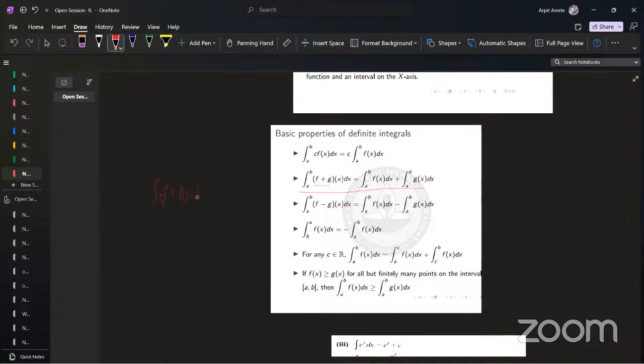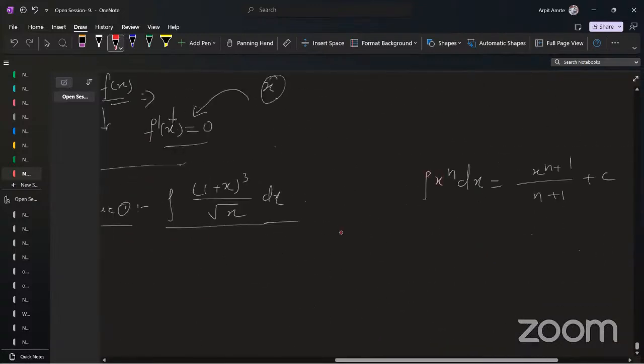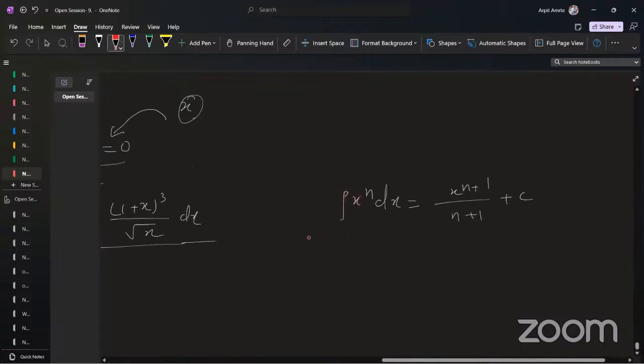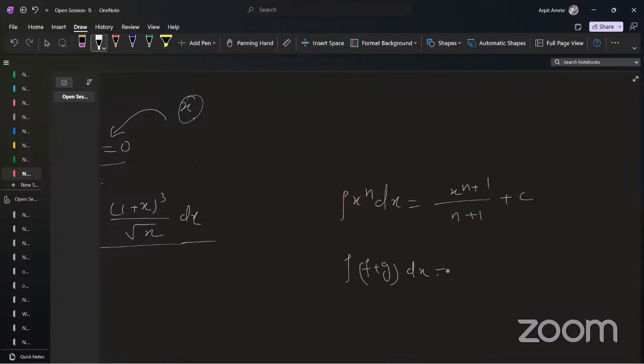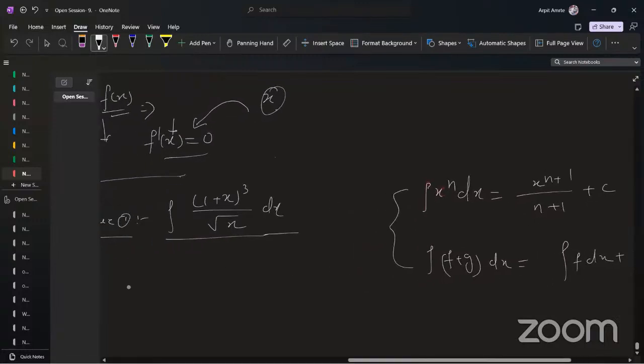Even if you are not applying the limits, you can spread it like this: integration of f dx plus integration of g dx. Another thing we have is that the integration of (f plus g) dx equals the integration of f dx plus the integration of g dx. By using these two formulas, we will try to solve this equation.